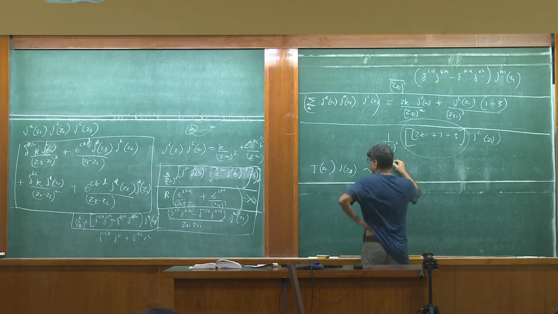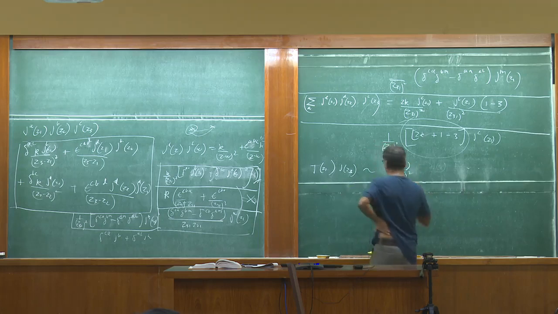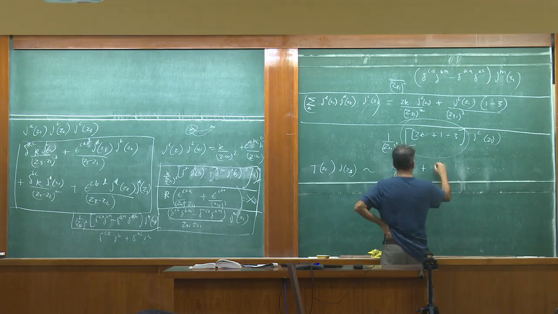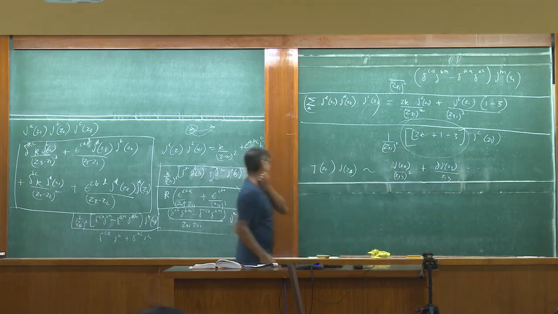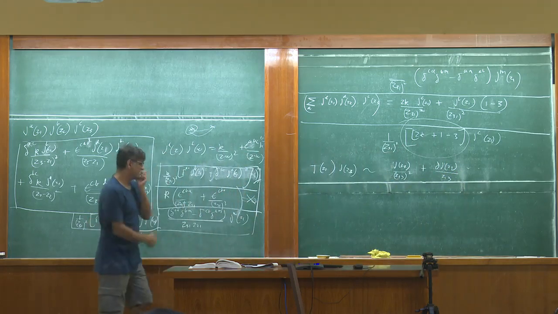What we expected was 1 J of Z3 divided by Z1 3, the whole thing squared, plus del J at Z3 divided by Z1 3. This is what we expected.